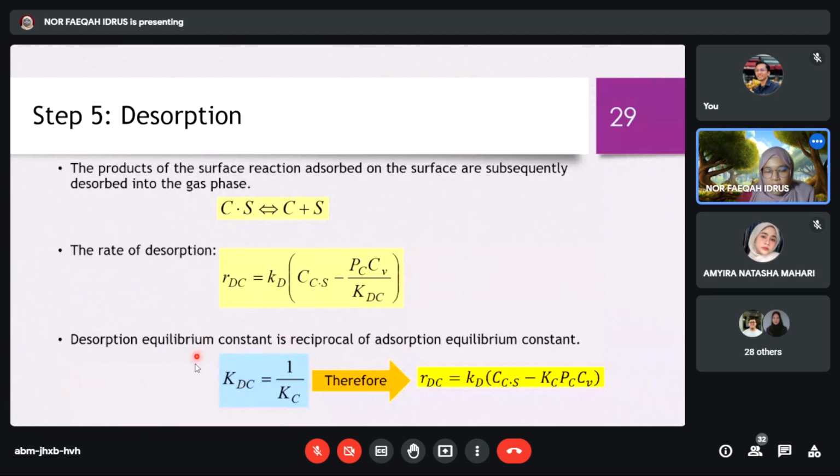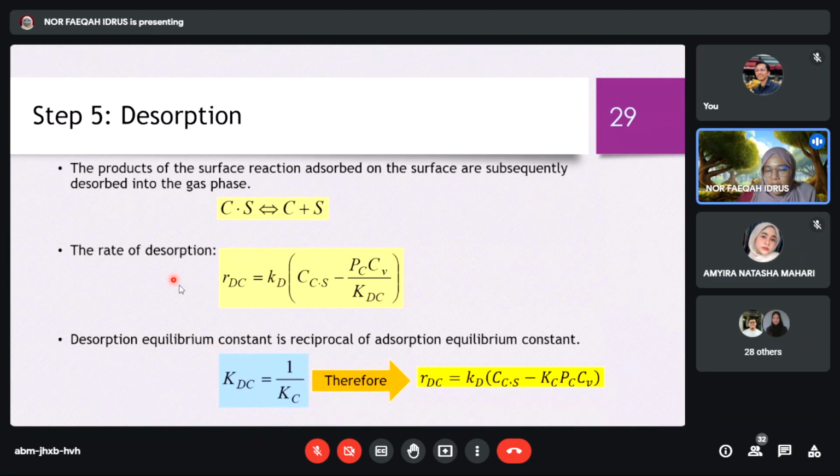So look at this equation. The desorption equilibrium constant K_DC is equal to 1 over K_C, the adsorption of the product.